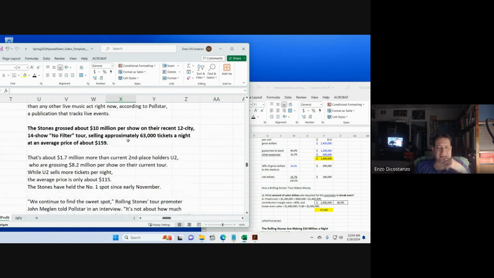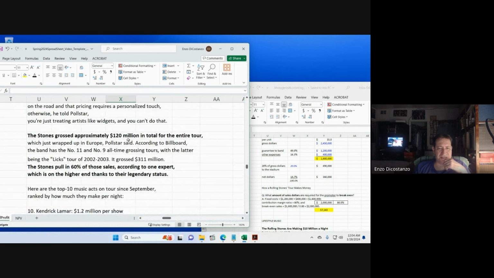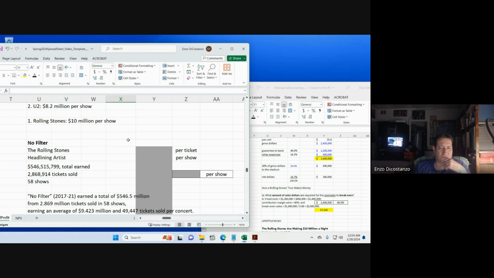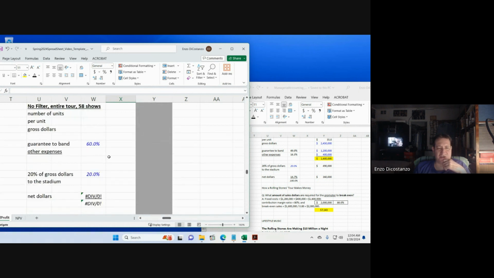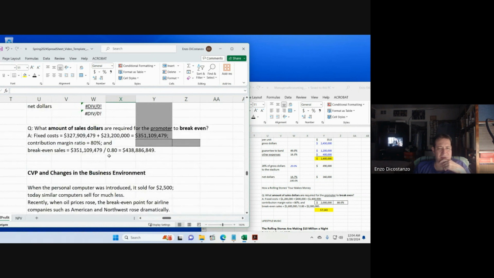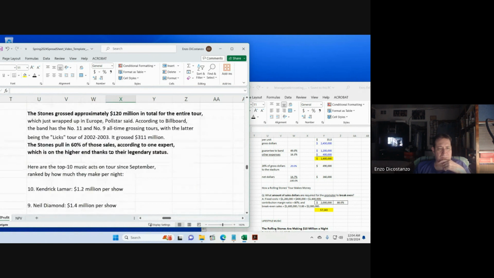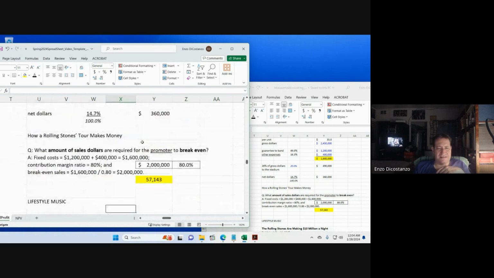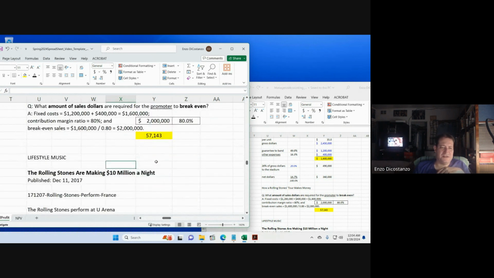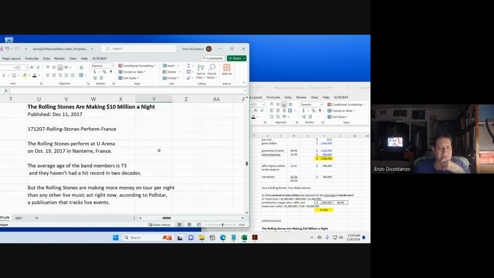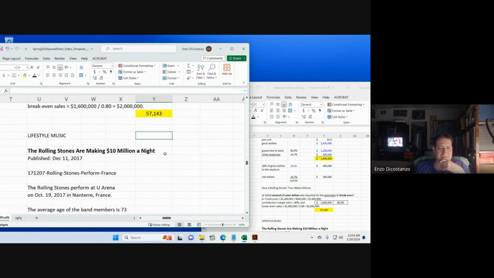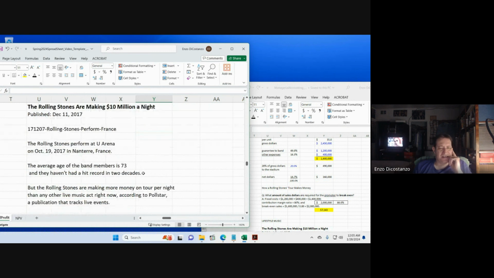The rest of this stuff, I just put some numbers in here, and I did some other stuff here with the Rolling Stones numbers. But also, I did a little work on this for you guys and found some websites, and this was published by Lifestyle Music or something, on how these guys did at the 2017 shows.